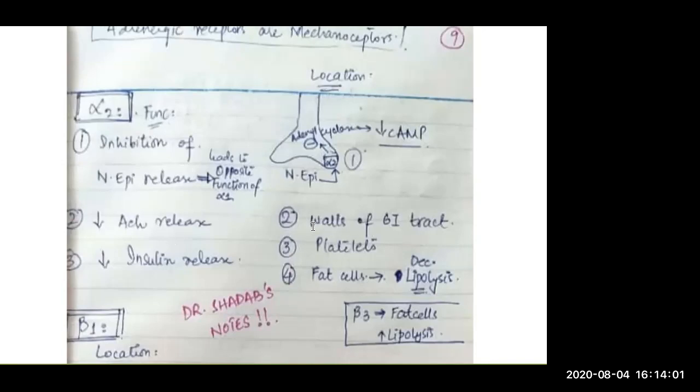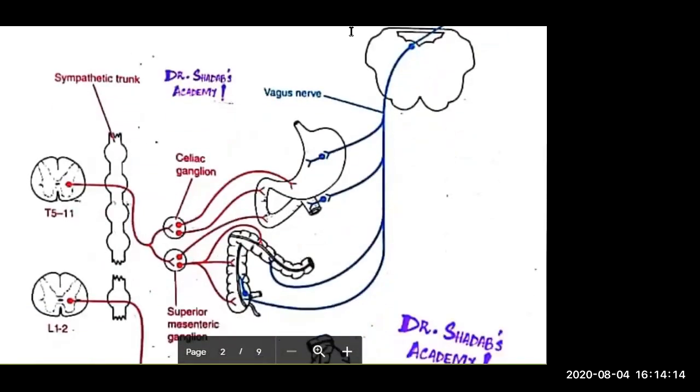Then we have this on the walls of the GI tract, and I showed you the parasympathetic effect on the GI tract that was receiving the vagus nerve. The receptors present over here that are inhibiting the function are alpha 2.